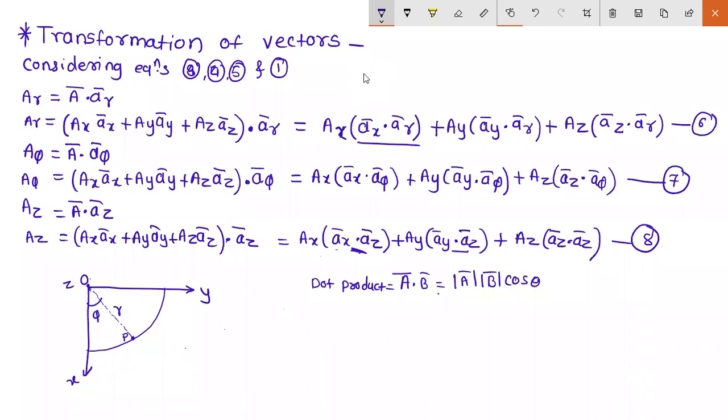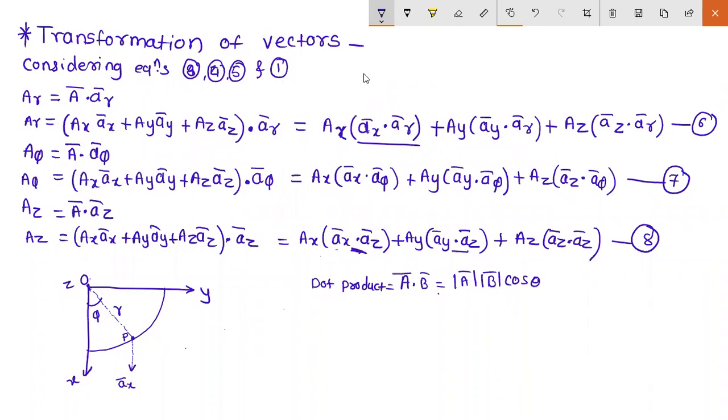The first dot product is A bar x dot A bar r. So first find the unit vector in the direction of x from this point P. The x direction is in this line. This is your x direction, right? So the unit vector in the direction of x is A bar x, right?